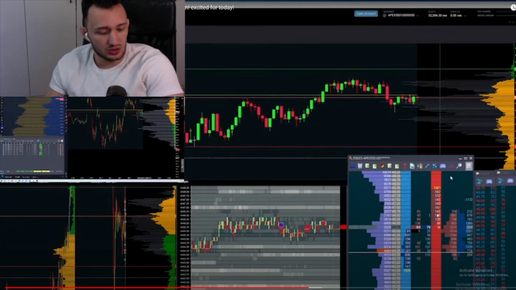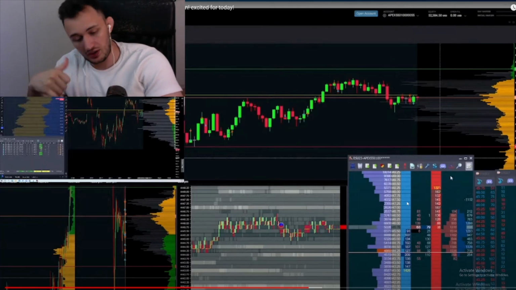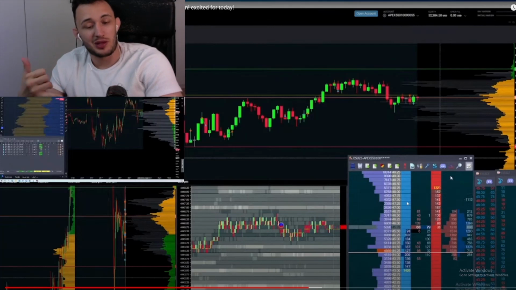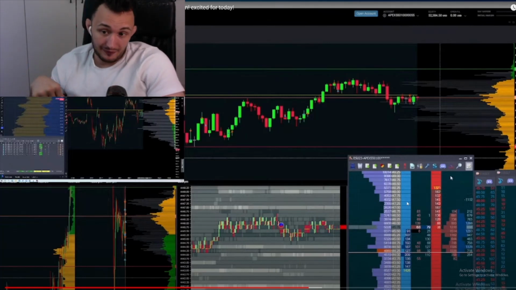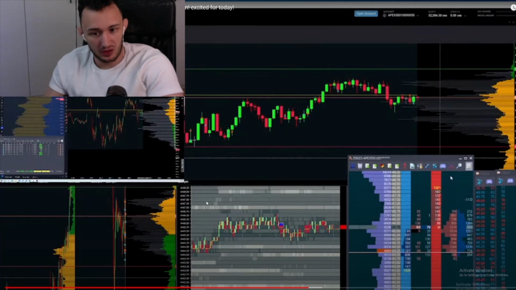Or if he finally gets happy, reverses his position and unloads his profits? Or if his wife calls him and he needs to get off the trading desk, whatever it may be? If he's gone and the other people want to take the market higher, then you have a lot of stops sitting just above all his absorptions.